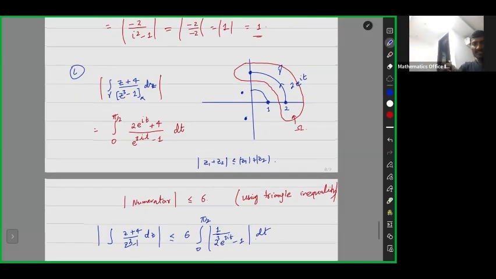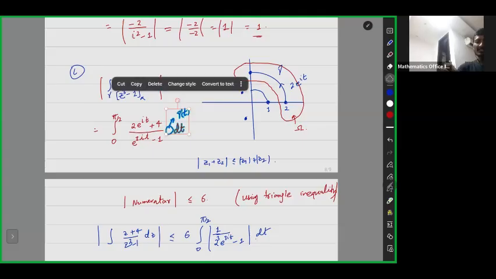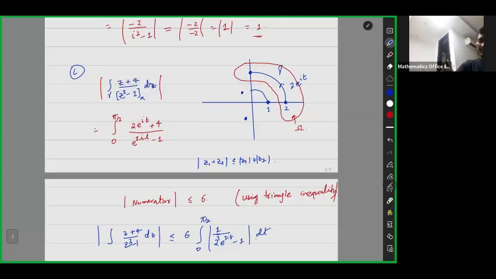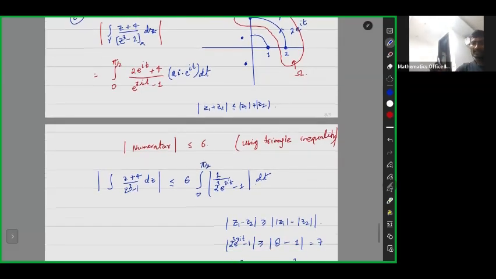There was one more missing thing. When you take the change of variable, you write an extra factor, gamma prime t. So there were mistakes; we were not calculating properly. Gamma prime t is 2i into e power i t, and when taking the modulus it just becomes 2.